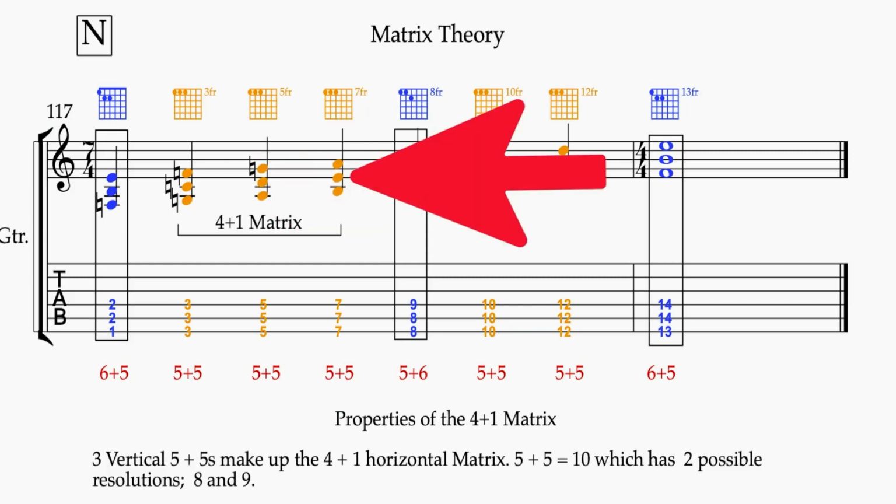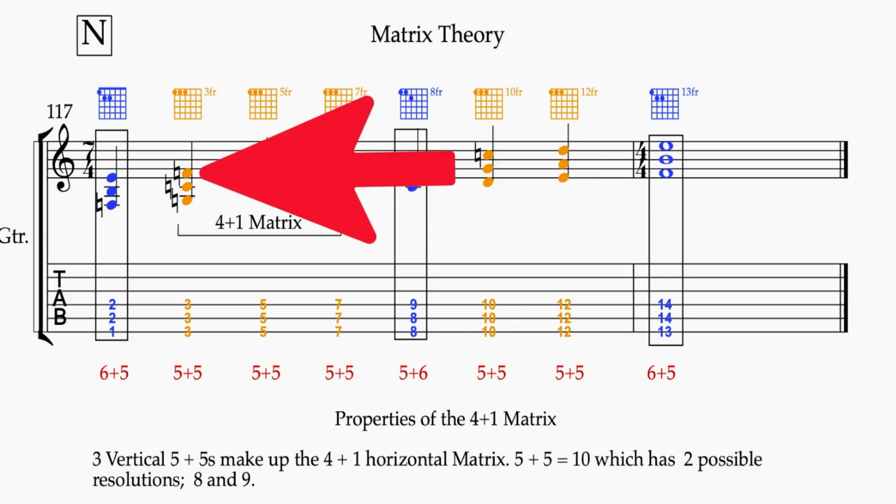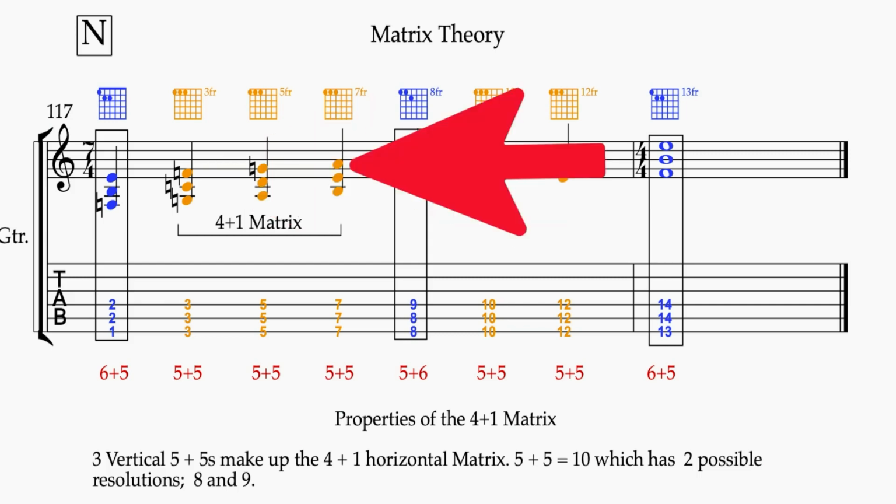And then up 4 again. And 1 and up 4 again. So we have this. Okay, and that 4 plus 1 is an important fingering on the guitar, and that's made up of 3 sets of 5 plus 5.